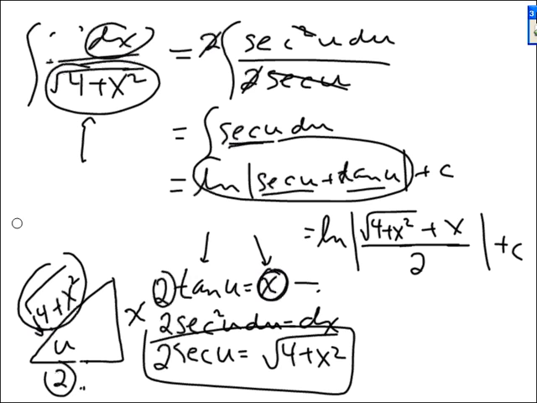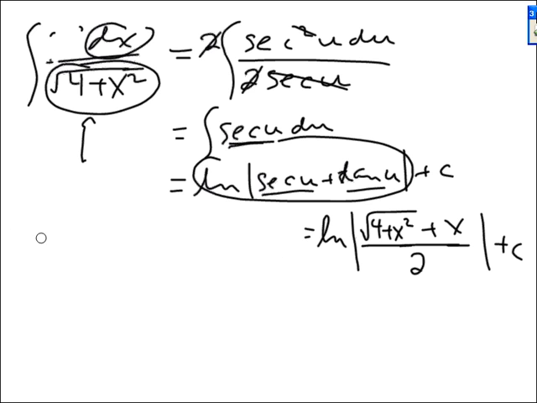Now, if you looked up this answer in the back of the book, it wouldn't say that. If you had this problem in your textbook and you looked it up, it wouldn't say this.